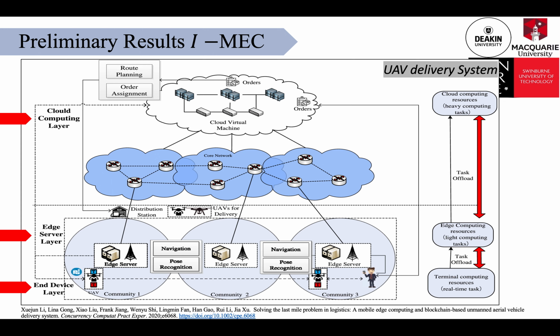A smart contract deployed on the blockchain is responsible for authenticating multiple UAVs and monitoring the UAV delivery process. The three-layer architecture is designed to provide real-time service for UAVs and provision computing and storage resources for the blockchain network. Specifically, it consists of the cloud server layer, the edge server layer, and the end devices layer from top to bottom.